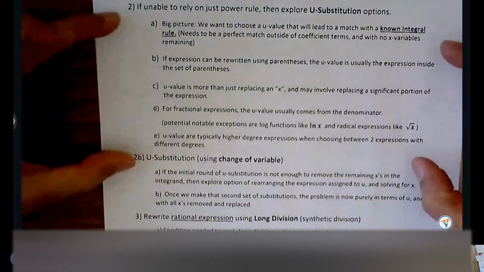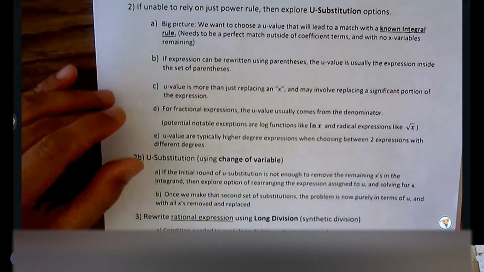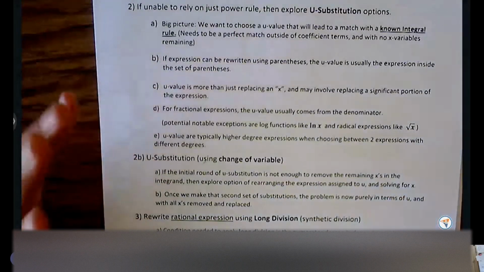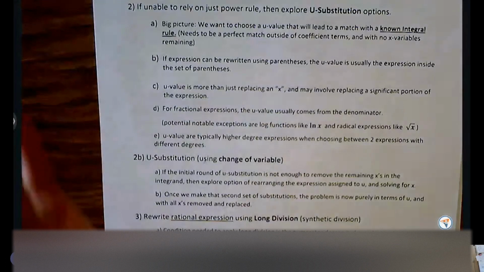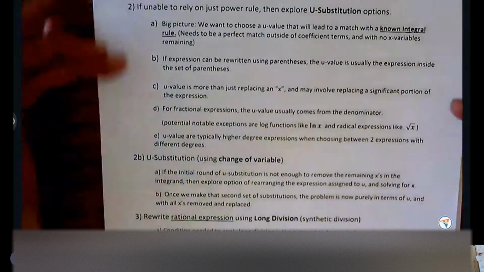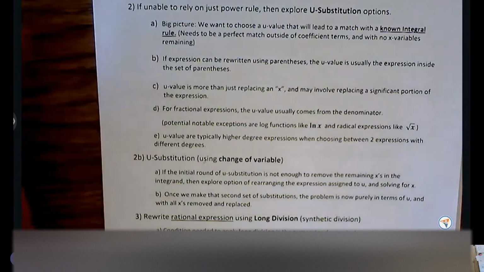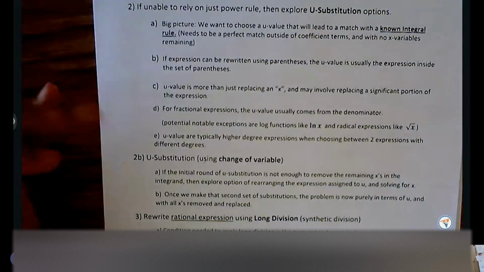Sometimes with use substitution, it's hard to pick out that u value. So my suggestion is, start easy, right? Can you find a set of parentheses? If you can, then let that be your first guess as to your u value. Outside of that, I have a list of guidelines that you can read over as to where the u value is located.